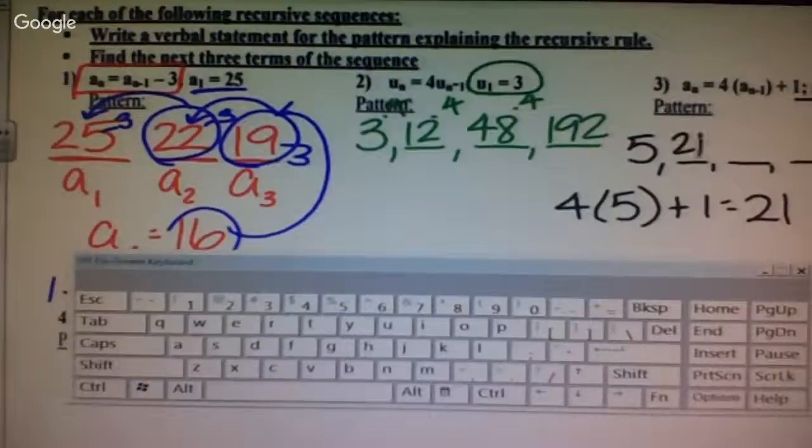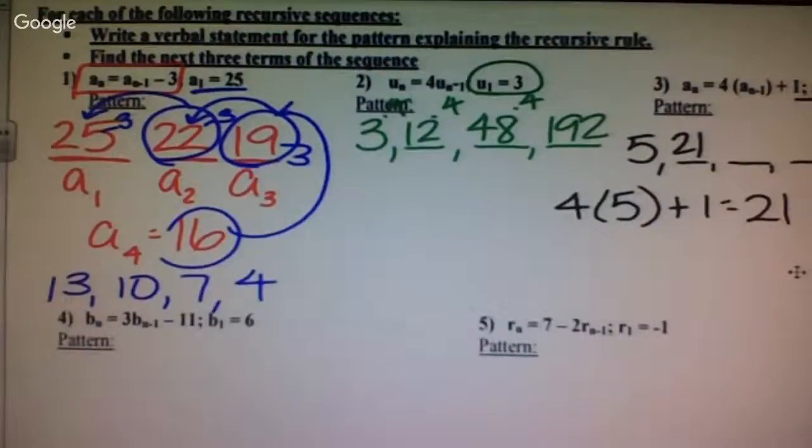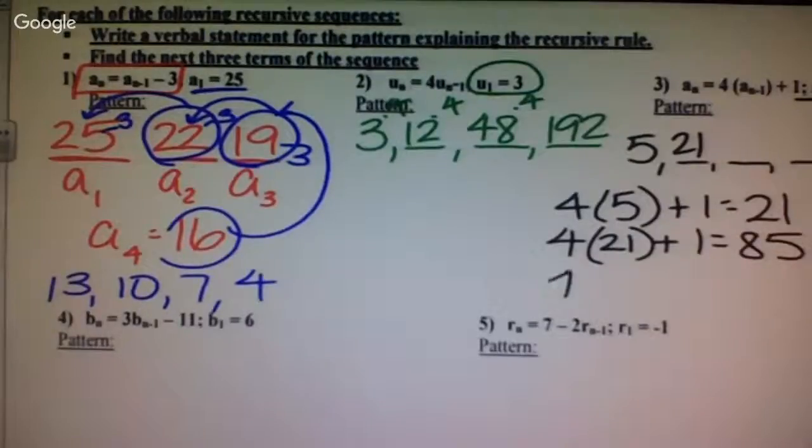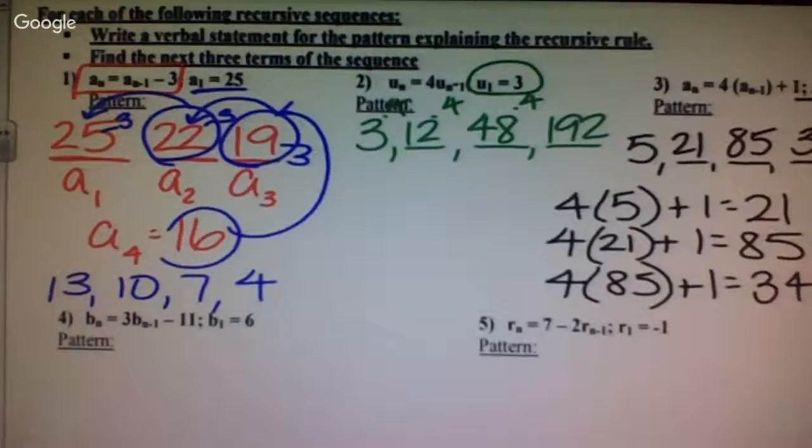Then I take that, again multiply by 4, add 1. 85. I then multiply by 4 and add 1. 341.